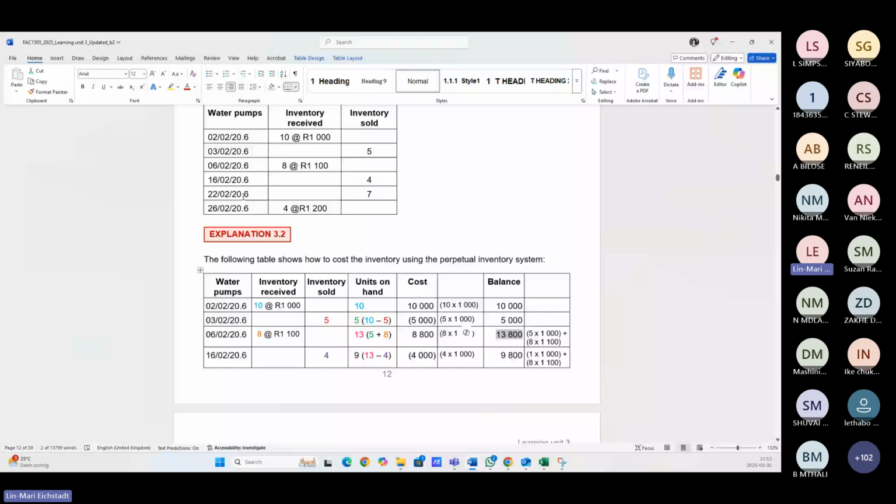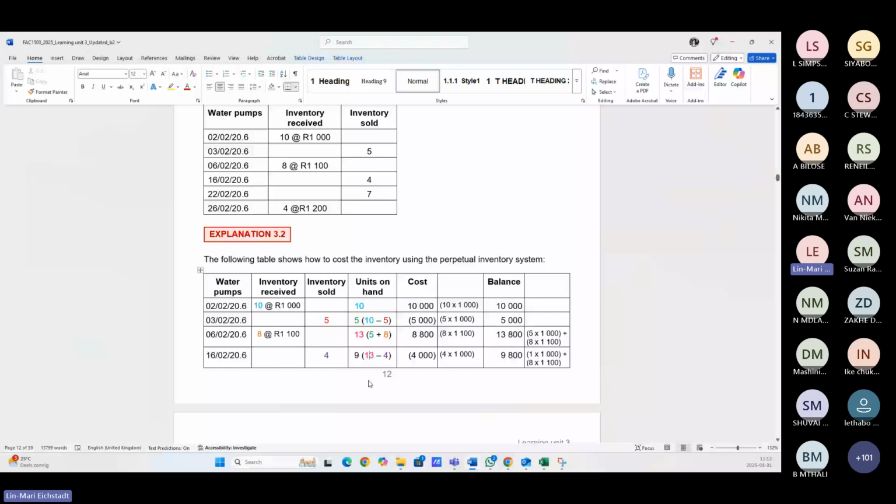So on the 16th of February, we sold 4 units, right? So meaning we started off with 13 units, then we sold 4 units, as stated above, and that gives us our units on hand as 9 units left.